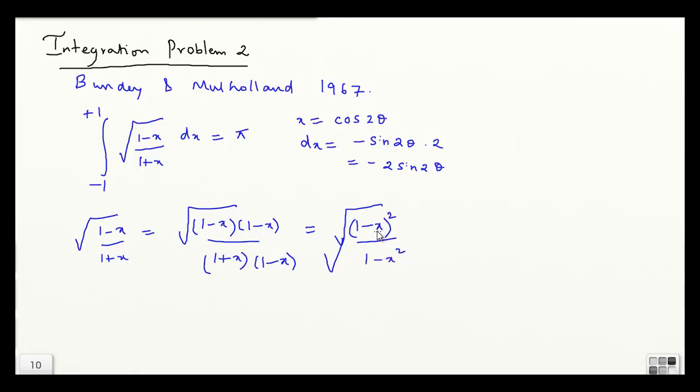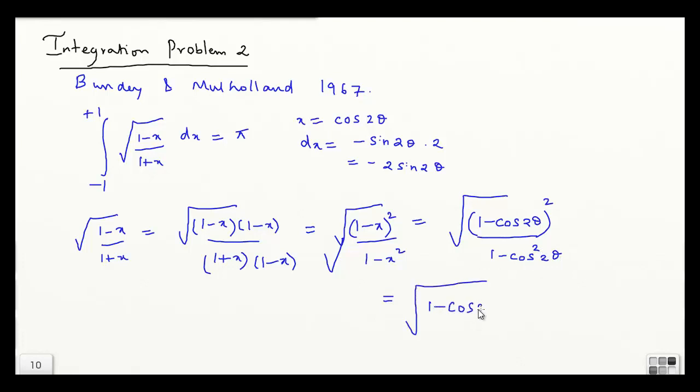Now substituting x equals cos 2 theta, we get a nice little expression: (1 minus cos 2 theta) whole square divided by 1 minus x square, which is 1 minus cos square 2 theta, which is the same as sine square 2 theta.